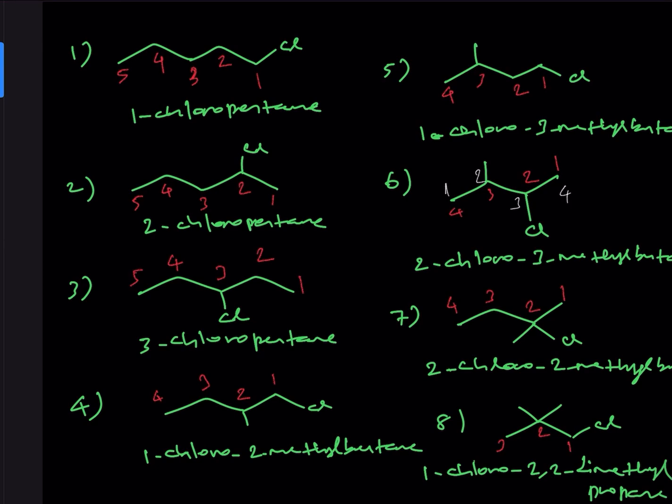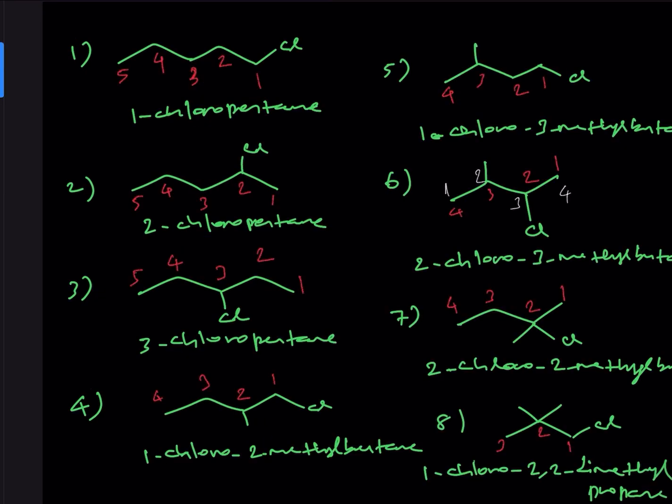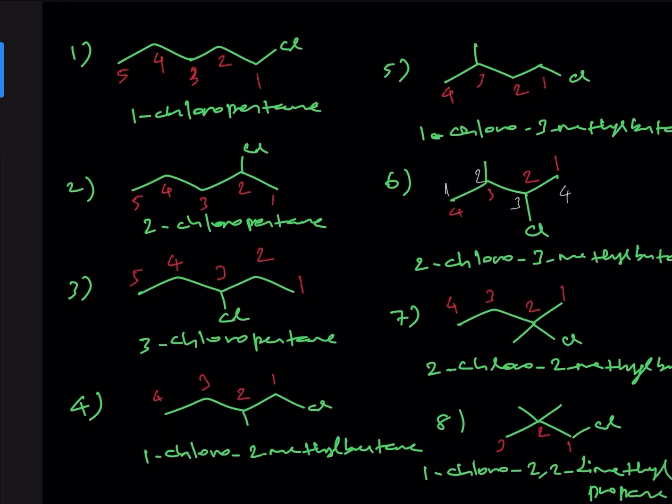How about 6 and 7? 6 and 7 are also position isomers due to the methyl group. So we accounted all the position isomers.